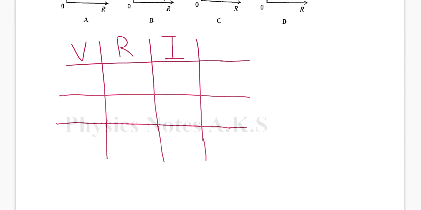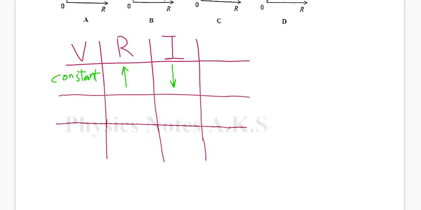Here. So, when the potential difference is constant, the R and I are inversely proportional. So when you increase the resistance, there will be less current at a constant potential difference and constant temperature.